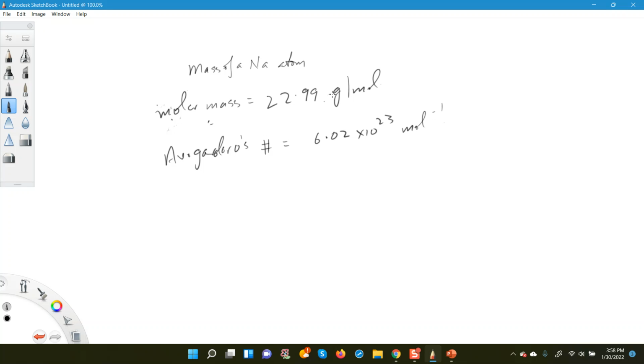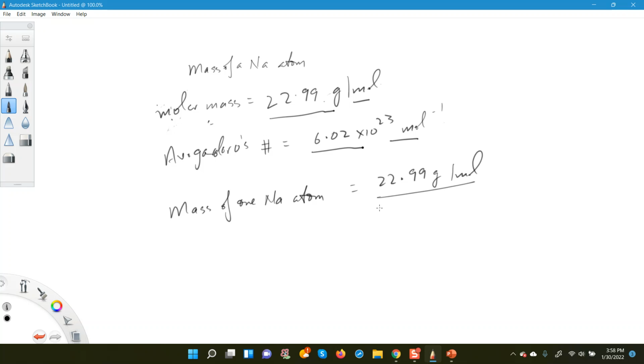So the question now becomes, if this is the mass of sodium for 1 mole, and this is the number of atoms of sodium in 1 mole of the substance, then to find the mass of 1 sodium atom, that will be equal to 22.99 grams per mole divided by 6.02 times 10 to the 23 atoms per mole.